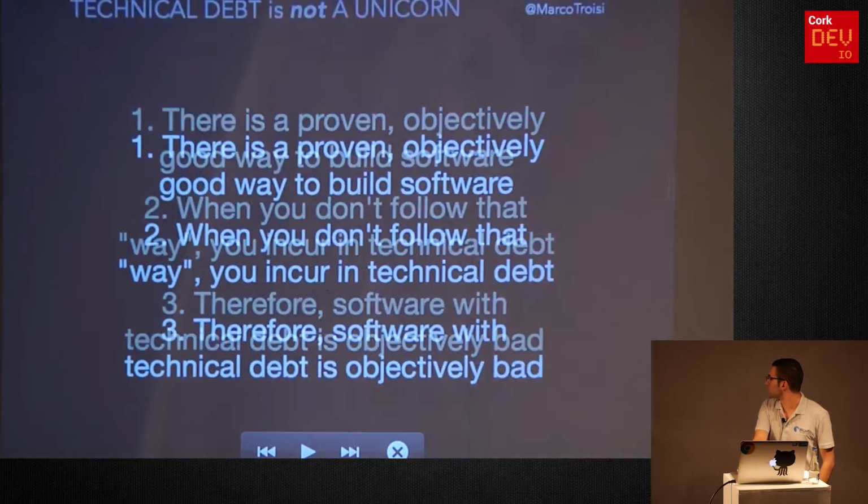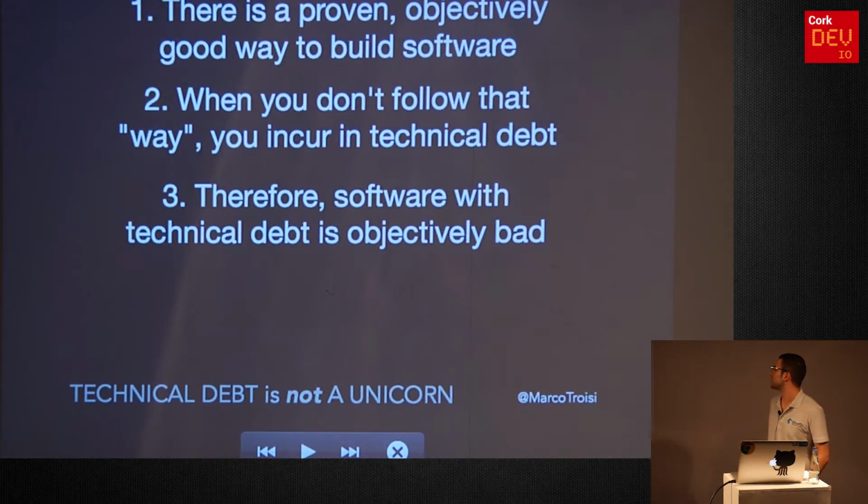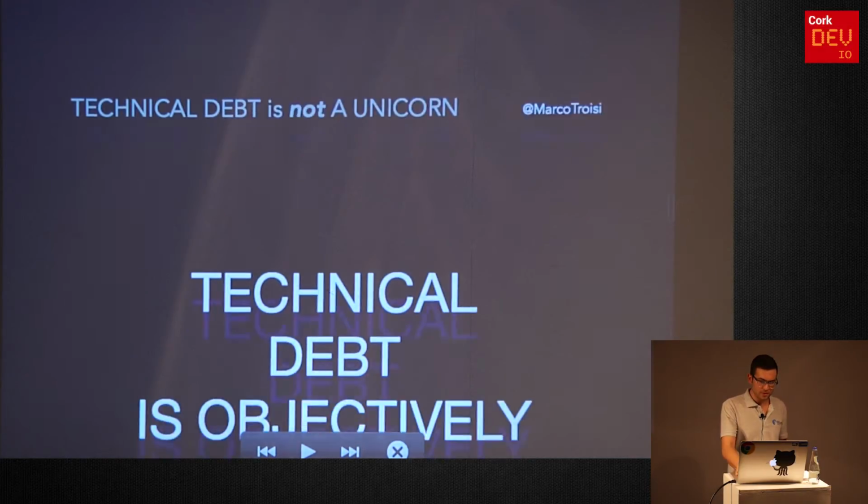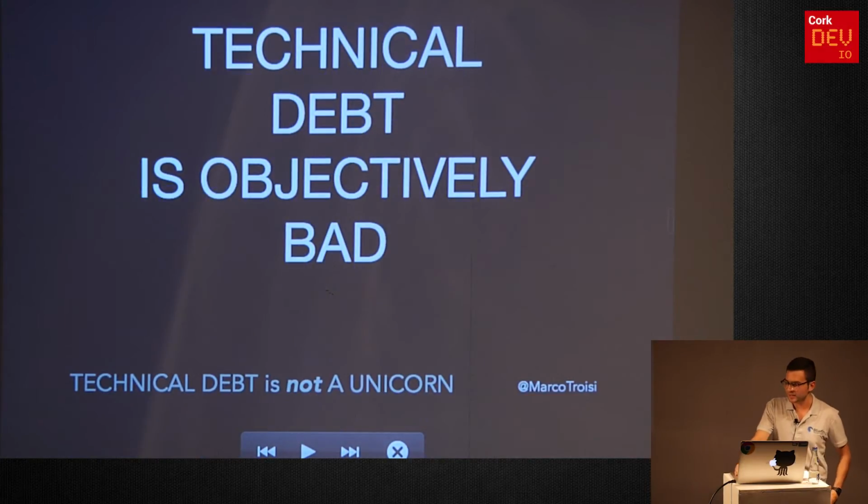Therefore, it follows that software with technical debt is objectively bad. So technical debt is objectively bad, which obviously means that as much as you can, you should try to avoid it.